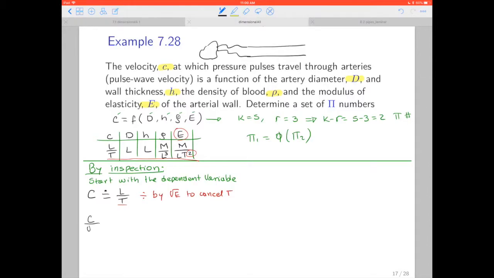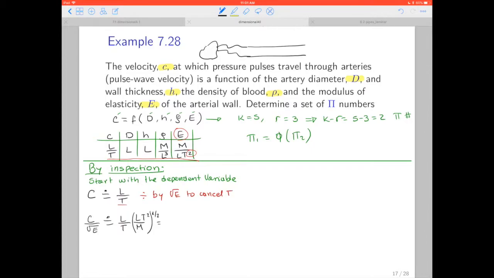So we have C divided by the square root of E, whose dimensions are the original ones, and now we are going to divide by M over L T squared, and this is the square root of this one.